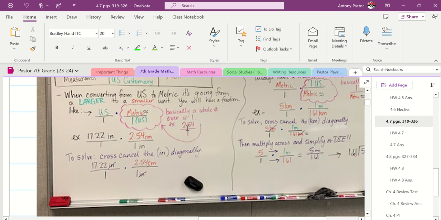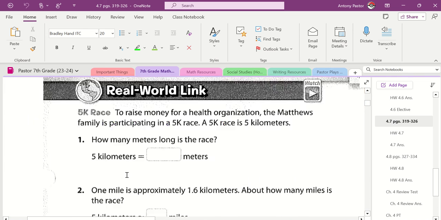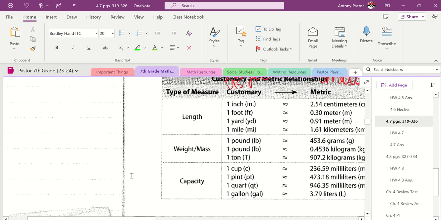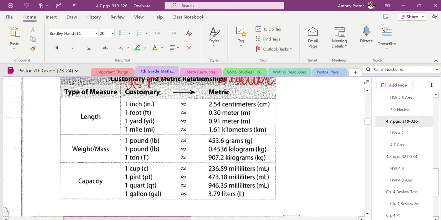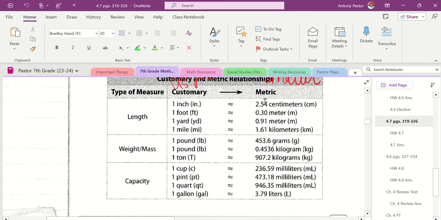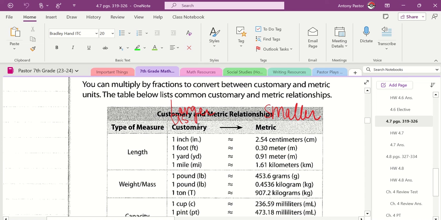Example: 2.54 over 1. This is referring to, if we go back here, the 1 inch equaling 2.54 centimeters. This is the U.S. customary versus a metric system.